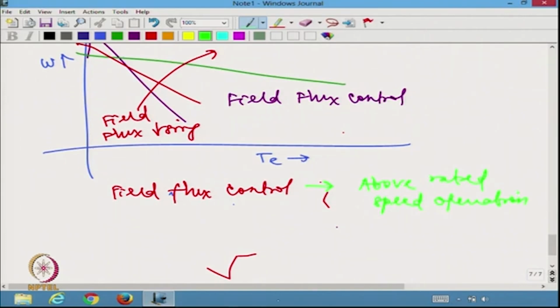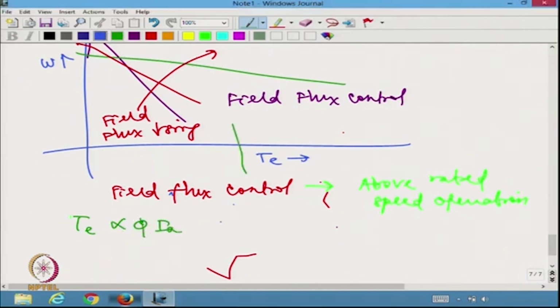So, distinctly please analyze the dynamics on your own and then come to a reasoning as to why you will have initially some oscillations before it settles down to a speed which is higher than the original speed. When we reduce field flux, we can say Te is proportional to flux into Ia.